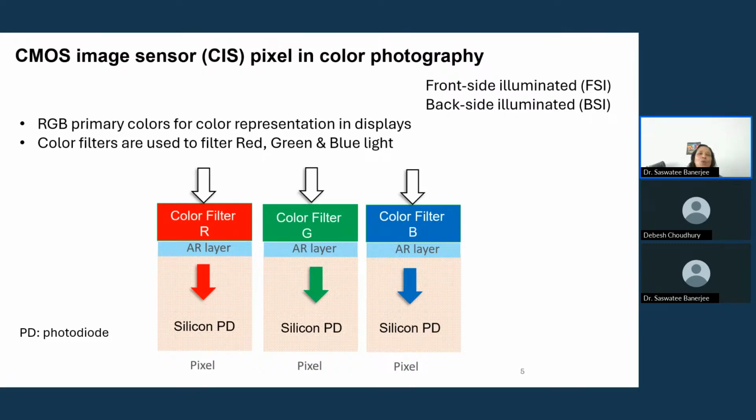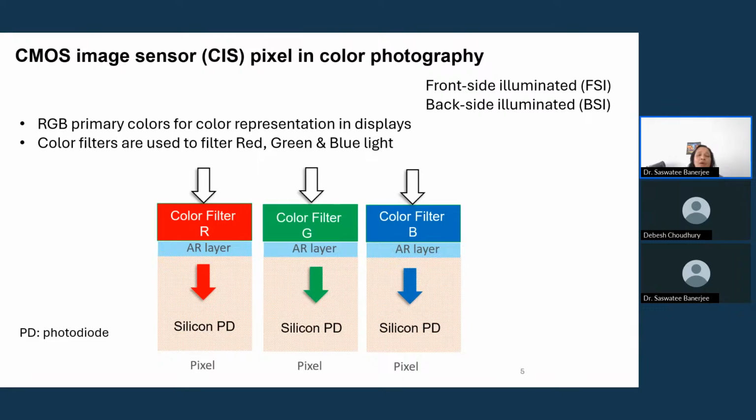Now I will look more into the optics side of it. I will talk about this CMOS image sensor. As you can see from the name, it is done in complementary MOS fabs, and because it can be fabricated in that kind of fab, it is a CMOS image sensor.